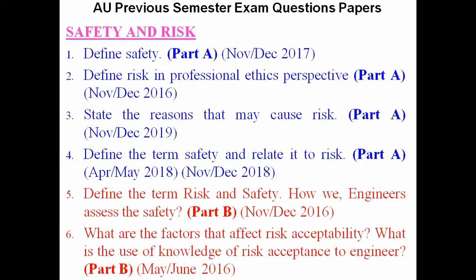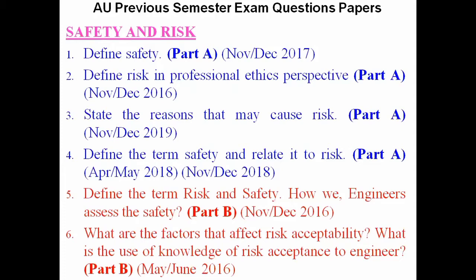Four Part A questions, two Part B questions were asked. Part A questions are: 1. Define safety. 2. Define risk in professional ethics perspective. 3. State the reasons that may cause risk. 4. Define the term safety and relate it to risk.